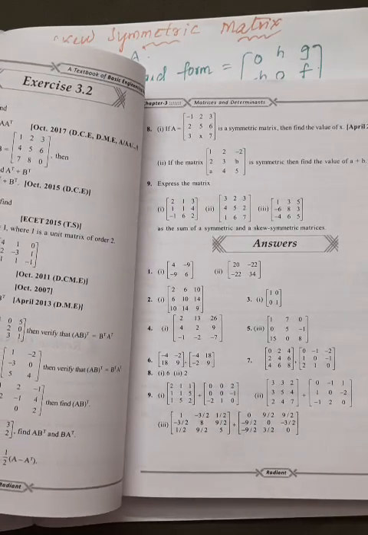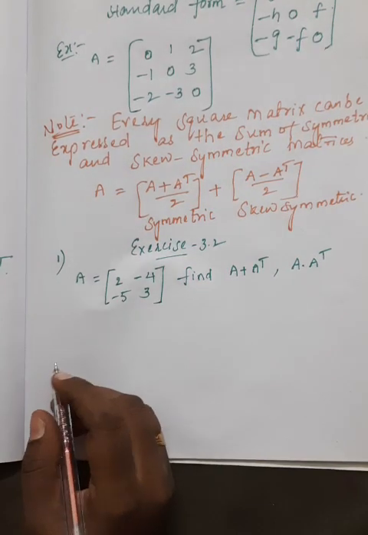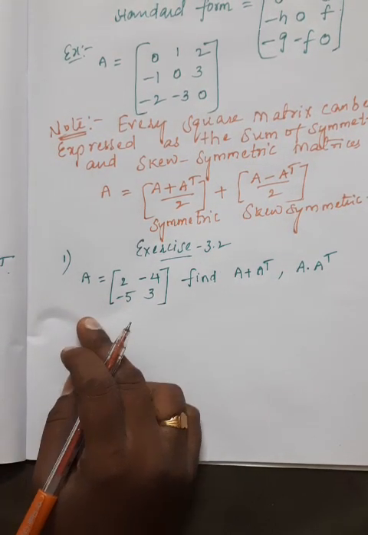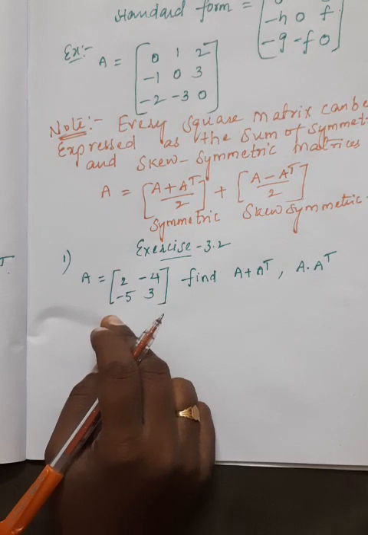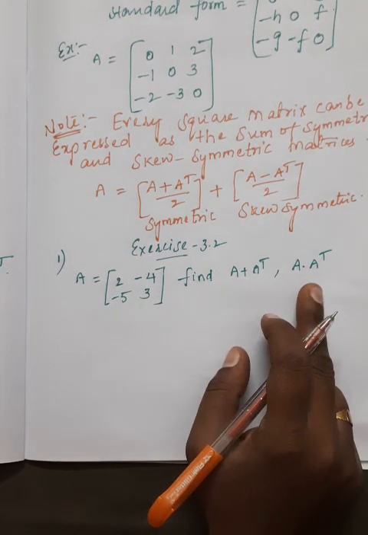So our first question is addition. If A is equal to [2, minus 4; minus 5, 3], then find A plus A transpose and A into A transpose.